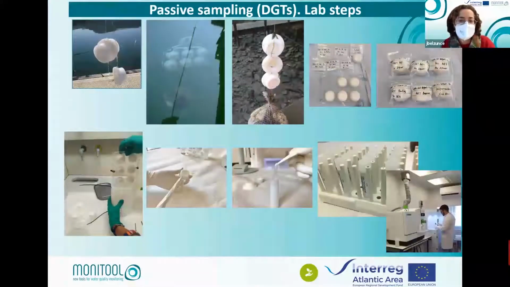So this is to illustrate very quickly the steps we do in the lab when we have recovered the passive samplers from the field. In this case, with DGT, because DGT is the passive sampler that we use in MONITOOL. The DGTs we can deploy in the field just with a fish line or in a plastic extractor.